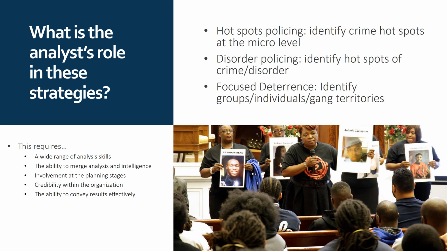What this means is that we need crime analysts who are able to identify these micro hotspots. As I said, this isn't something we've done just yet with geographic methods because we haven't started working with geographic information systems in this course. But it's something that we will learn, so it's an important skill that we'll eventually touch on in this class.